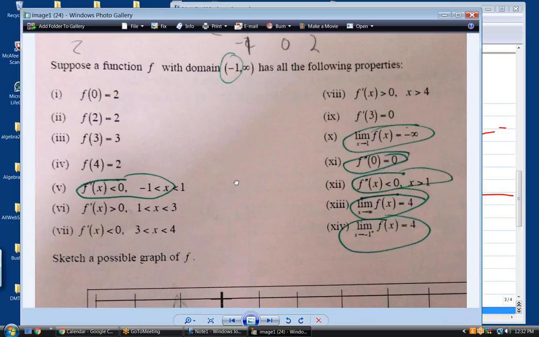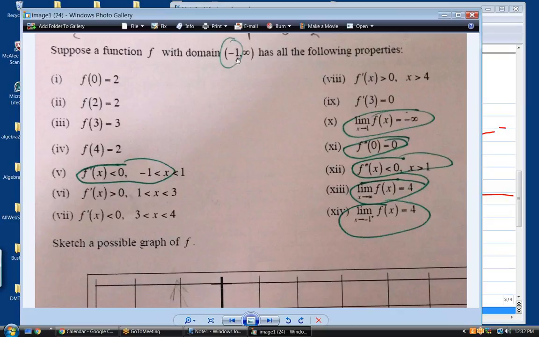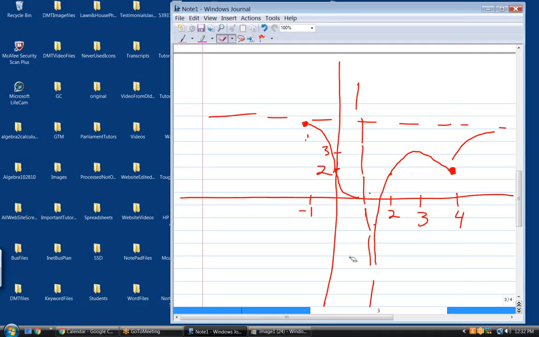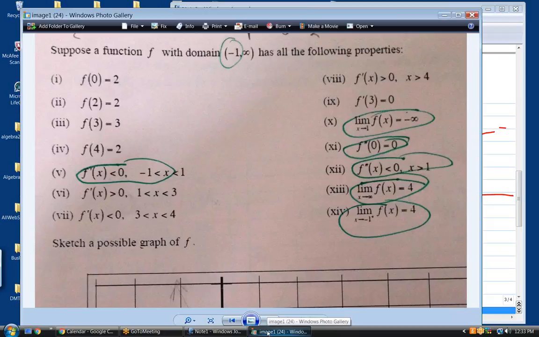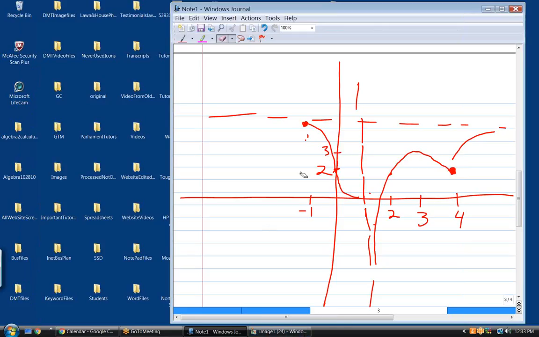Now let's look at this. Your domain is supposed to go from -1, but with a parentheses, which means it can't be a dot like that. It means there is no f of -1.